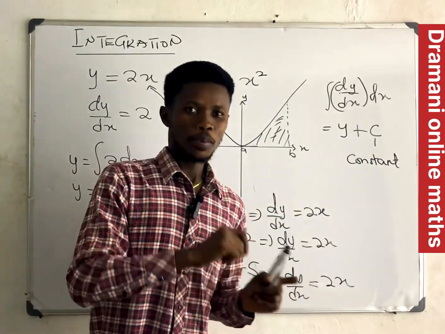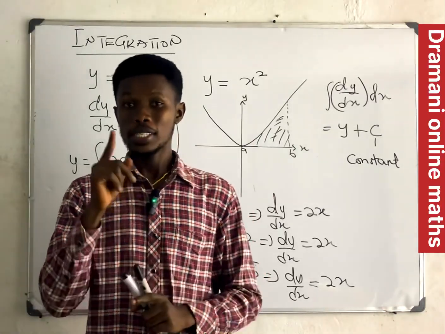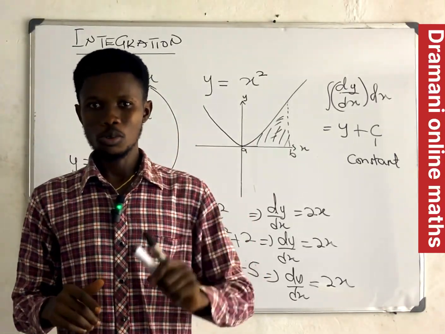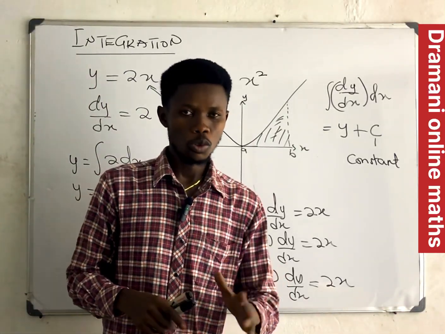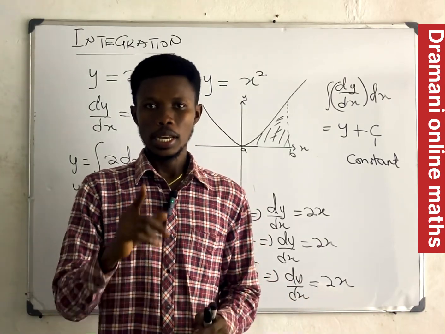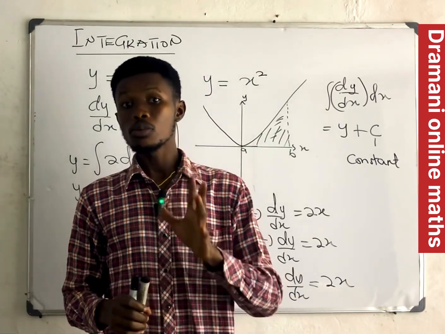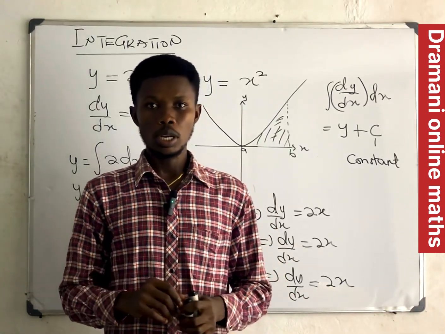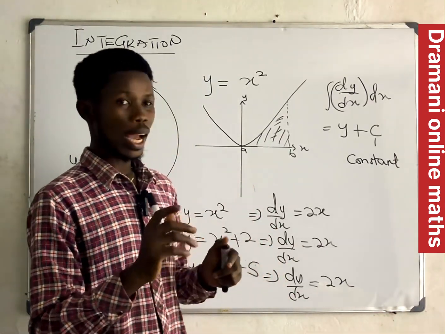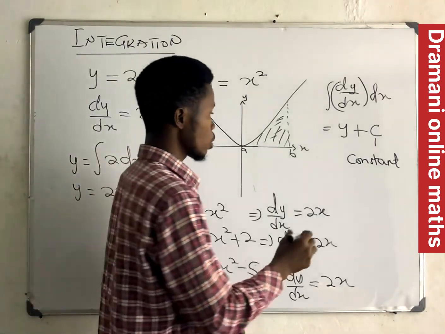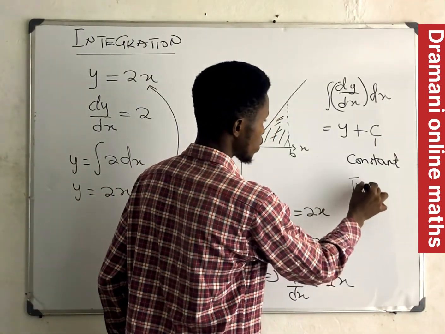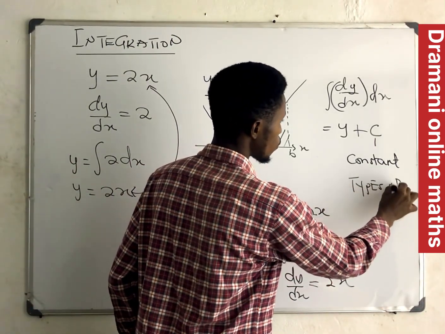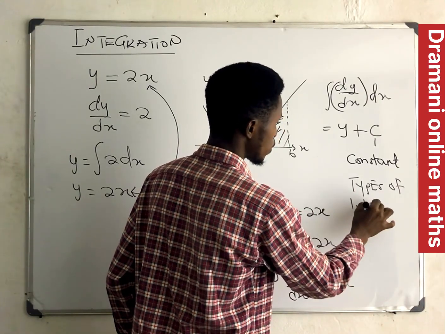But here is the question. Is there any time when I integrate that I don't bring the constant? That's not always true. We have some situations where you don't need to bring the constant, and we have situations where you need to bring the constant. When do we do each? That introduces us to what we call the types of integration.